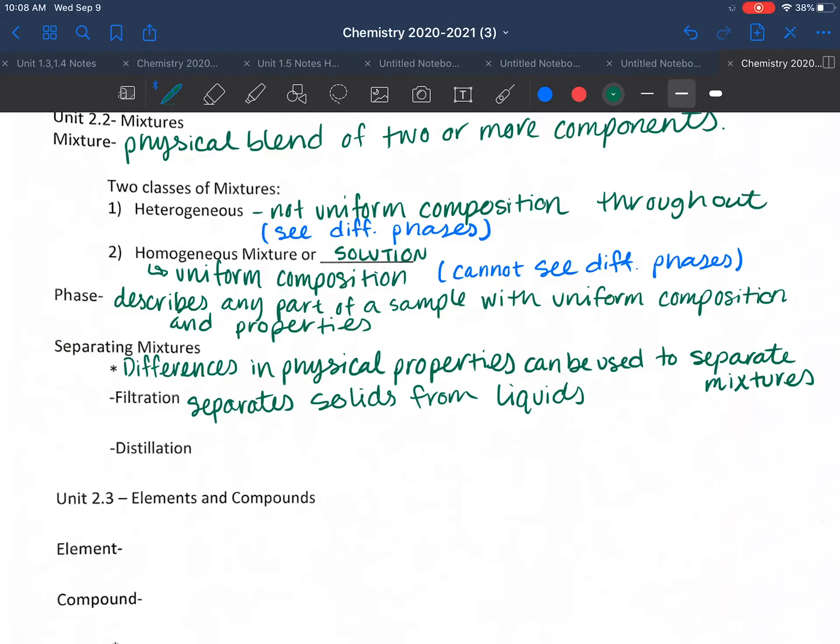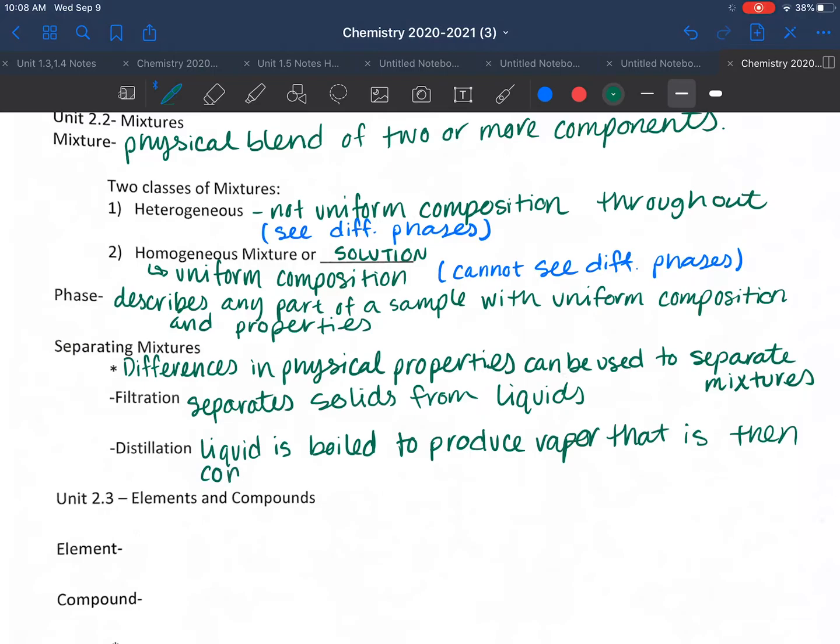So here, we'll define it as liquid is boiled to produce vapor that is then condensed into a liquid.